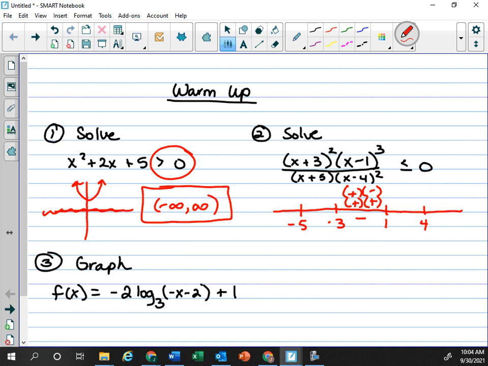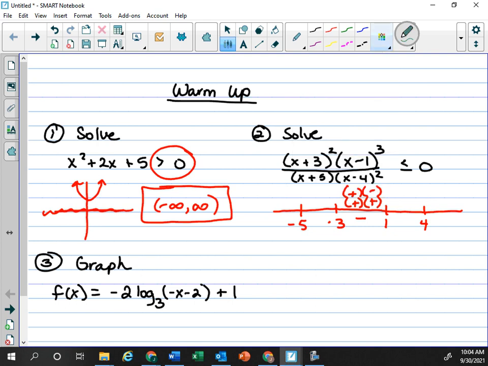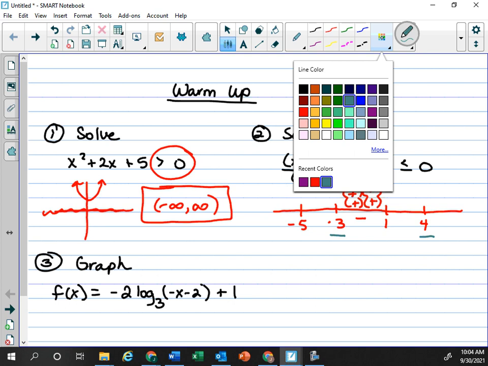Are we okay to that point? Okay. I do not feel like plugging numbers into that, so I'm just going to use what I know about multiplicity. I see a couple of even multiplicities, on the -3 and on the 4. The odd multiplicities, I don't care about.